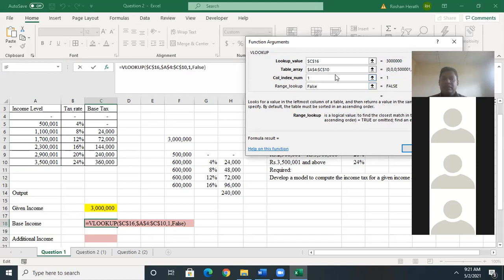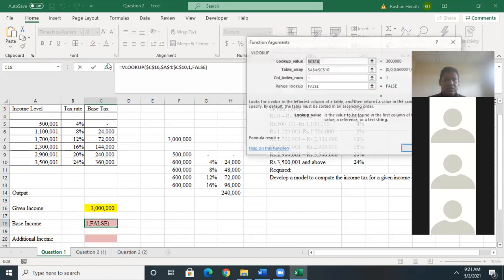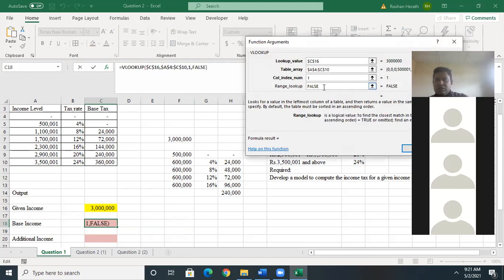But the problem is that when it comes to the base income, something has gone wrong. What is that? Exact match, column index, lookup value, we are finding that vertical.